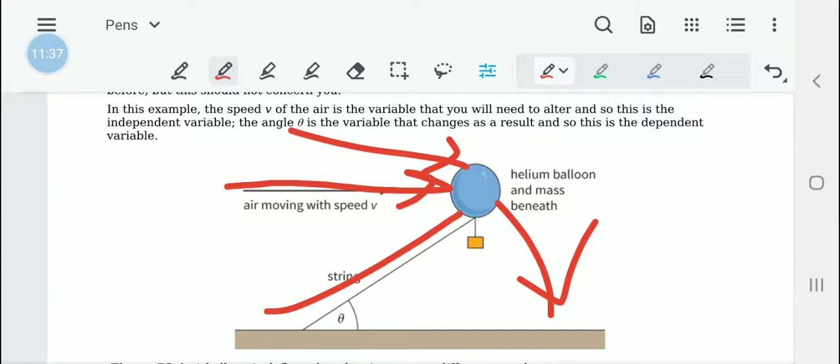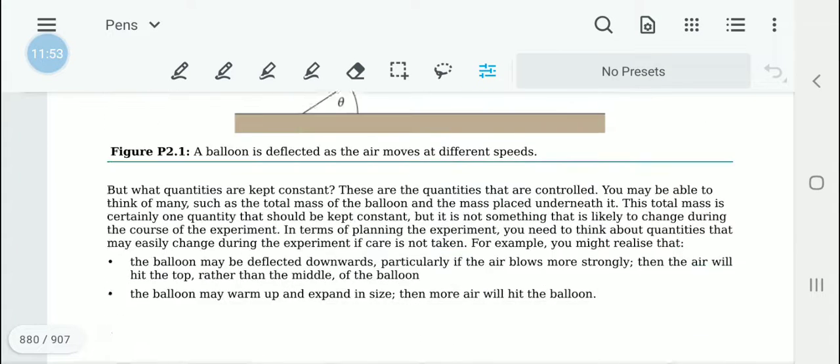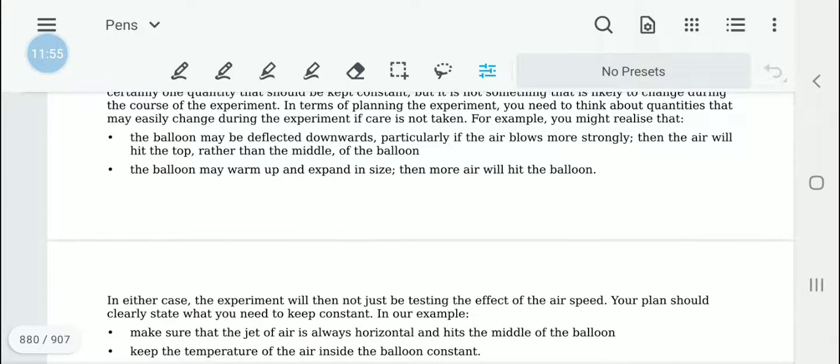If it was to hit like this, then the string might snap. So you have to be very careful as to how it is going to be affected, right? So the direction needs to be kept constant, right? That is one thing that needs to come to your mind.